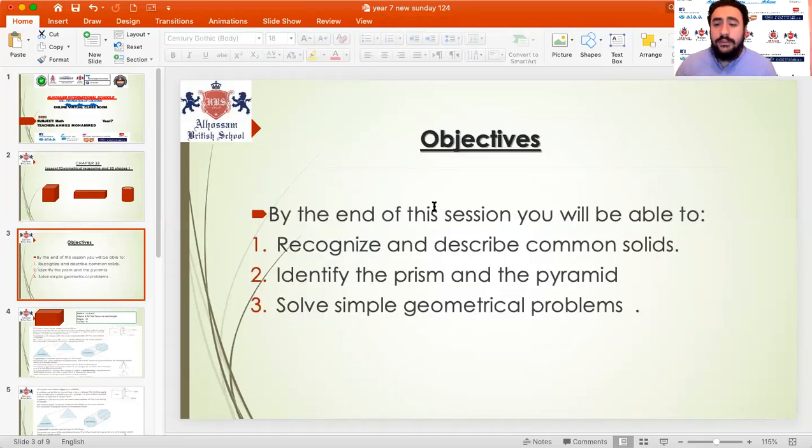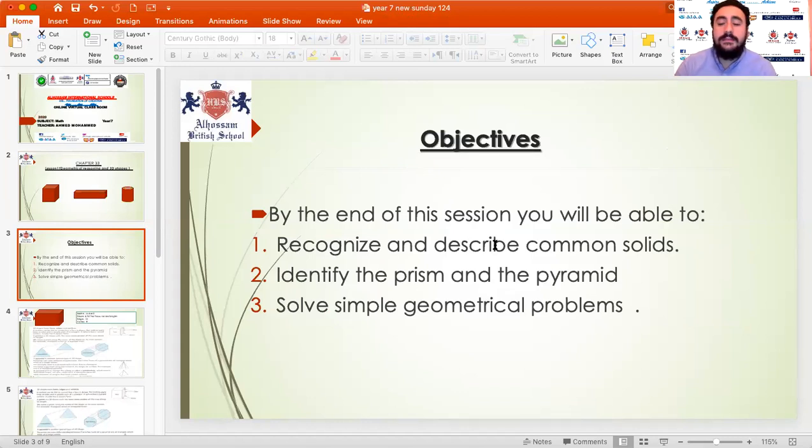Objectives. By the end of the session, you will be able to, first, recognize and describe common solids. Like what common solids? Cube is a very common solid. Solid means 3D shape. Like cuboid, cylinder, pyramid, prism, and so on.